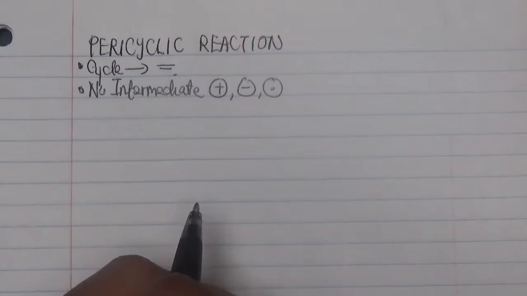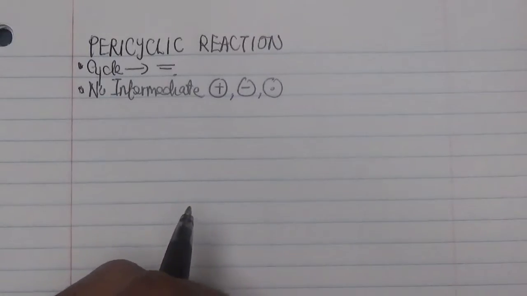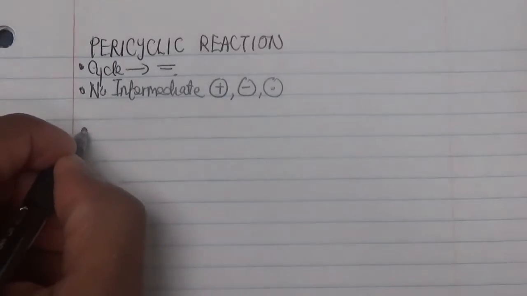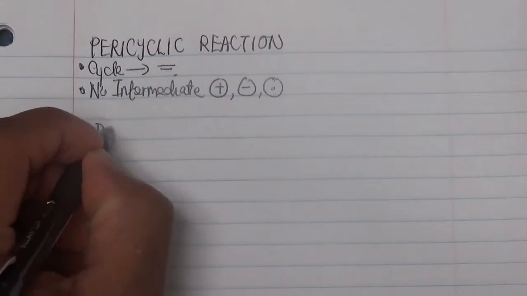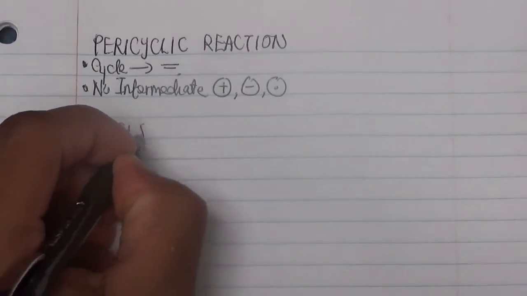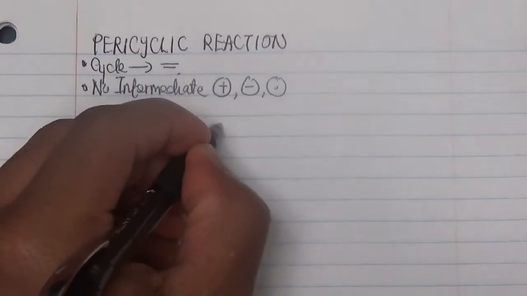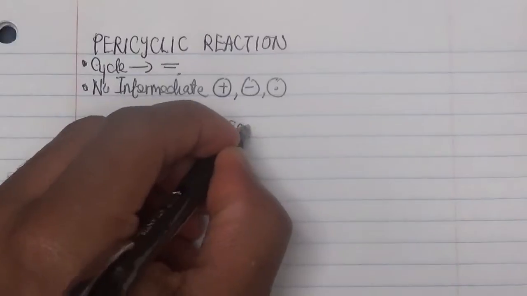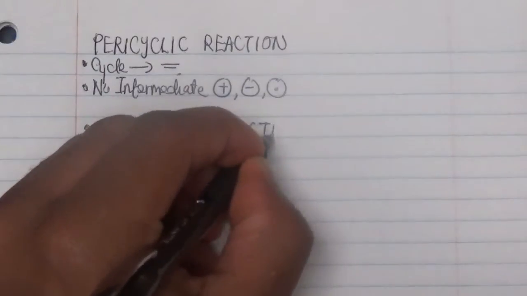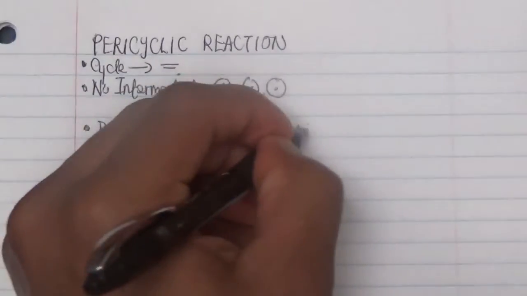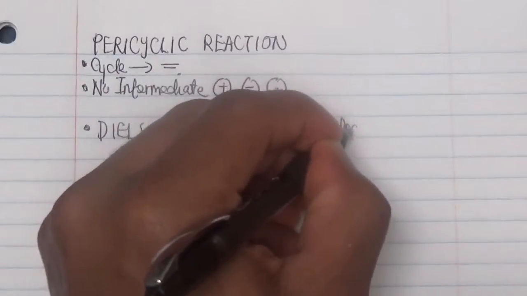Now, one particular form of pericyclic reaction you're going to be focusing on in this video is called the Diels-Alder reaction, and the Diels-Alder reaction is a particular type of cycloaddition reaction.